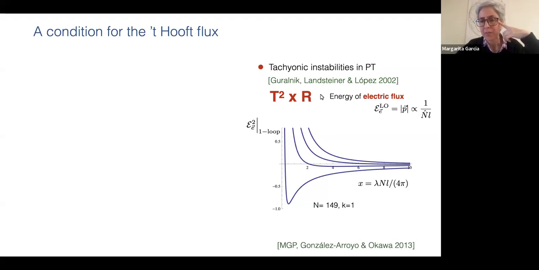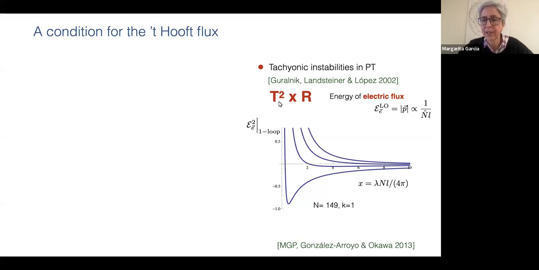So I'm going to present here some results that we have obtained analyzing the case of Yang-Mills in T2 times R, analyzing in perturbation theory and also using numerical simulations, in which cases these instabilities in perturbation theory arise. And I'm going to try to explain why it's important for the working of TEK.